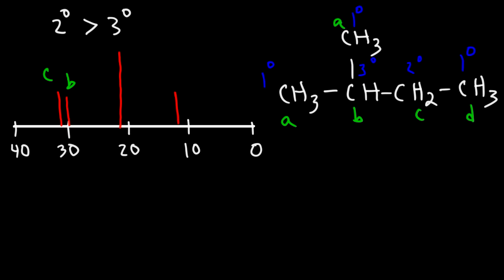And so this corresponds to signal A, which means the other one corresponds to signal D. But if these are both primary carbons, why does signal A have a significantly higher chemical shift than signal D when they're both primary? And once again, you need to look at the adjacent carbon atoms. And so let's talk about that.